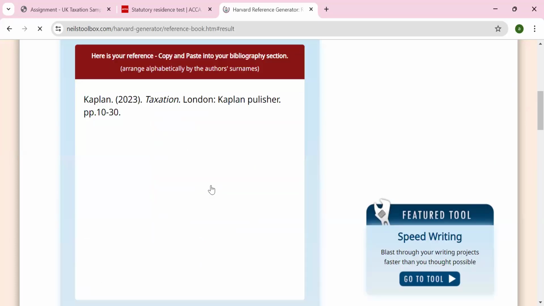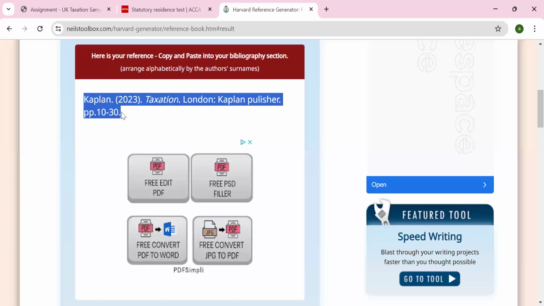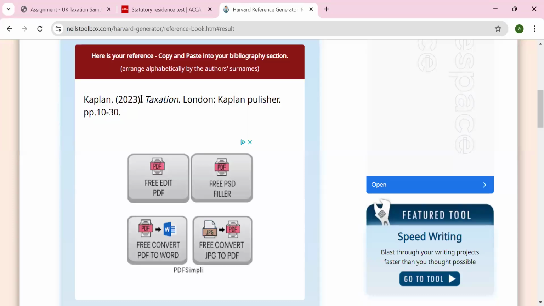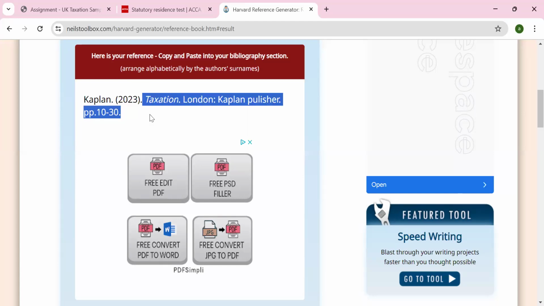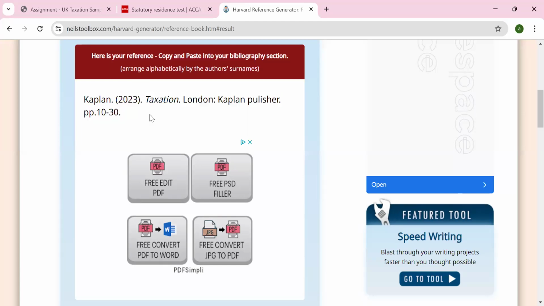Click there, and it can generate the reference. So that's the Harvard reference generator. You can copy the reference into the reference page. In the middle of the text, you can say according to Kaplan. That's the way you can generate the reference and use it.